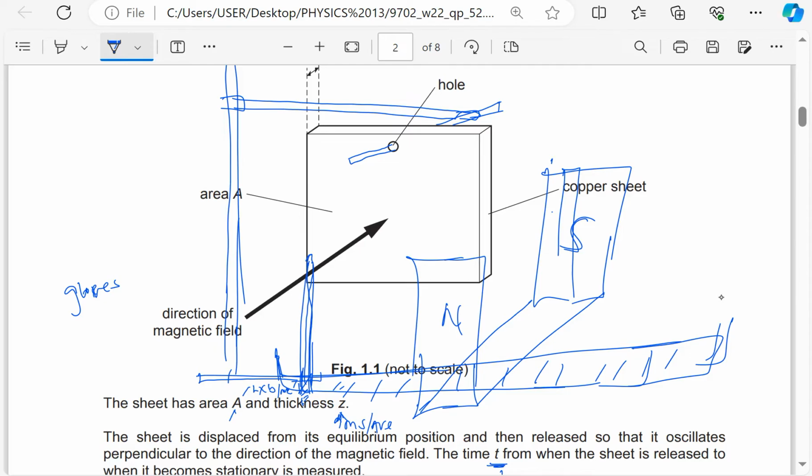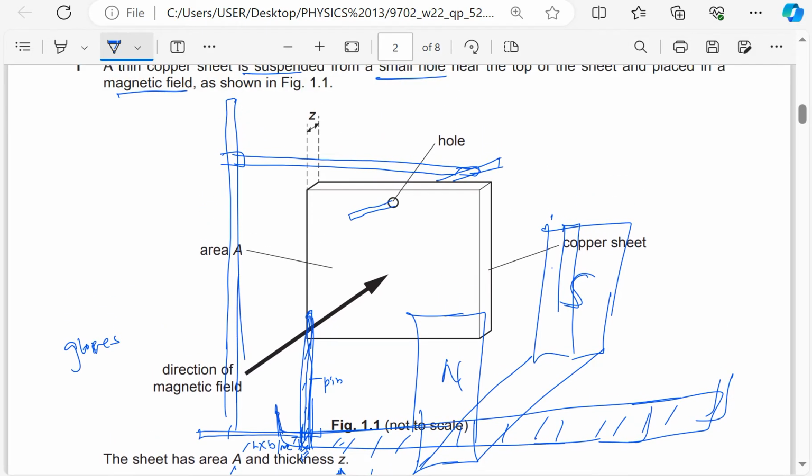Because I must measure the distance through which it is displaced, I need a reference pin somewhere which is aligned with one of the edges, and I will need a ruler so that I always displace to the same distance. So I'll put a ruler here. I'm just going to clamp the ruler somewhere here.